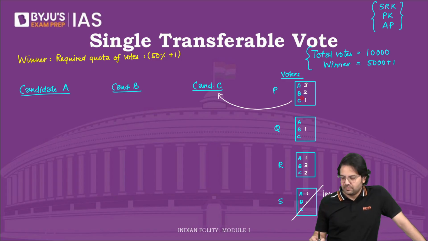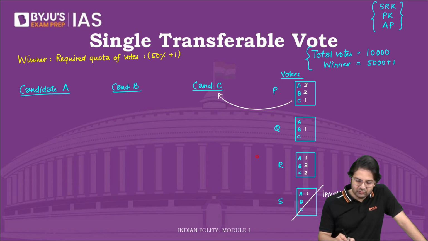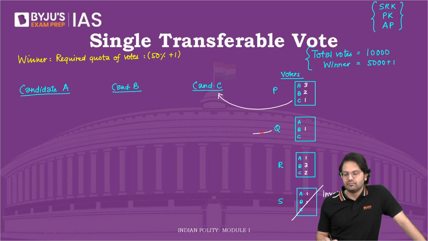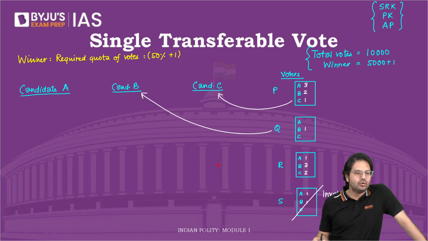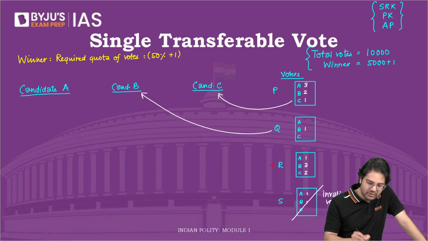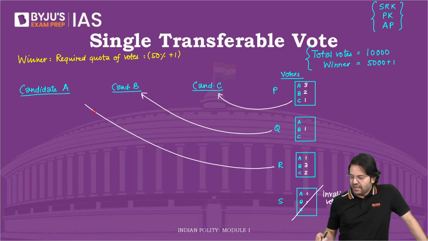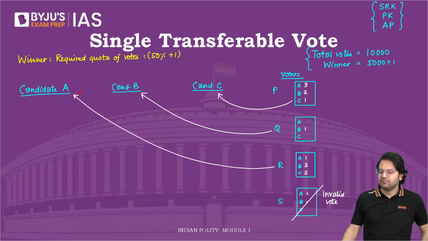Now, second thing, Q. Please tell me Q's vote goes to whom? Okay, great. Q's vote goes to B. Now tell me R. R's vote goes to A. S. Who gets the vote of S?